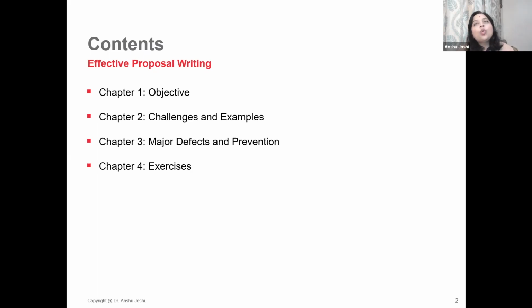We would see what are the different defects that actually impact the quality of our research proposal and how can we prevent those defects. And in the end of this session, I would be showing some examples and we'll also see some exercises through which we would be able to understand how we can ensure that our research proposal meets all the quality standards and is of good quality.